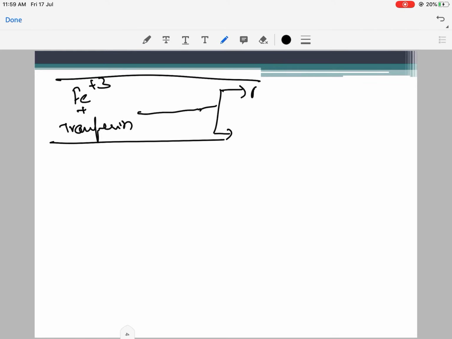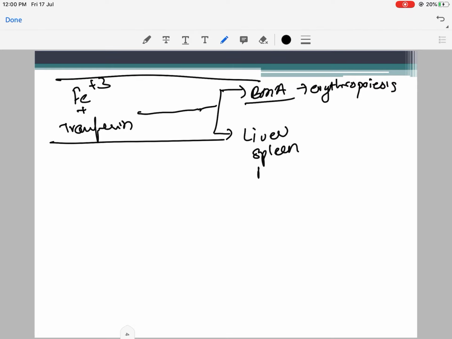One is that it goes to bone marrow for erythropoiesis, or it gets stored in the liver, or it goes to the spleen for various enzymes, and also can go to muscle for myoglobin. So these are the fates of iron plus transferrin.